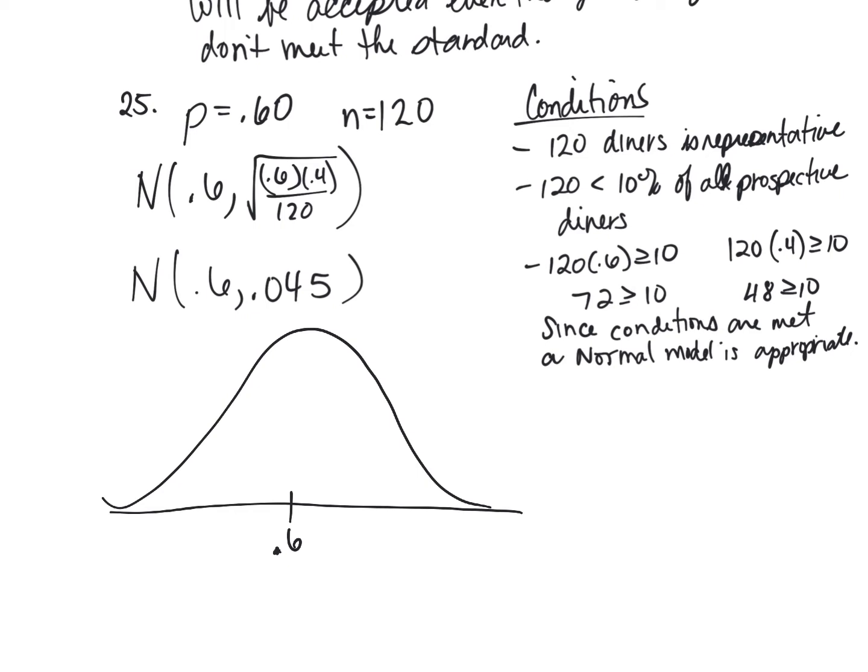Some nights you're going to have more people wanting non-smoking and fewer wanting smoking, and some nights you'll have less than the 60%. It's going to vary, and that's what that standard deviation is telling us. How much do we expect it to vary? And if we want to make sure we cater to the people that want non-smoking, how many seats should we have? Probably that 95% mark, right?